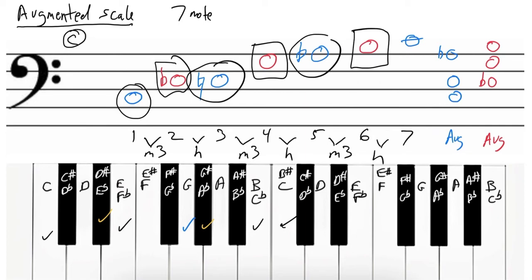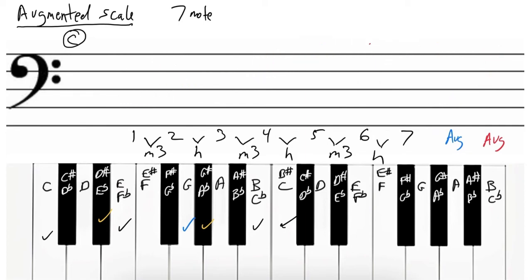Let's try another example. This time, we're going to write a B flat augmented scale. The first note of a B flat augmented scale is B flat.